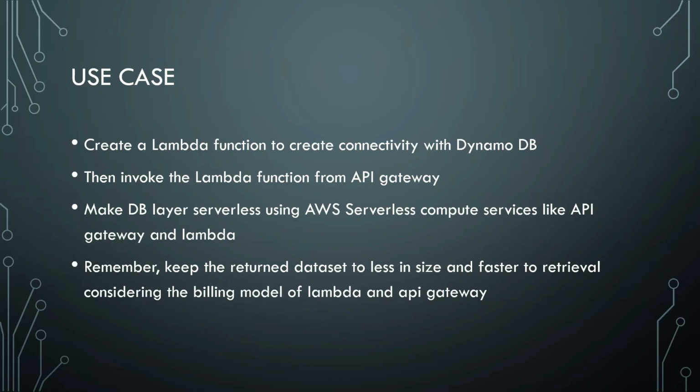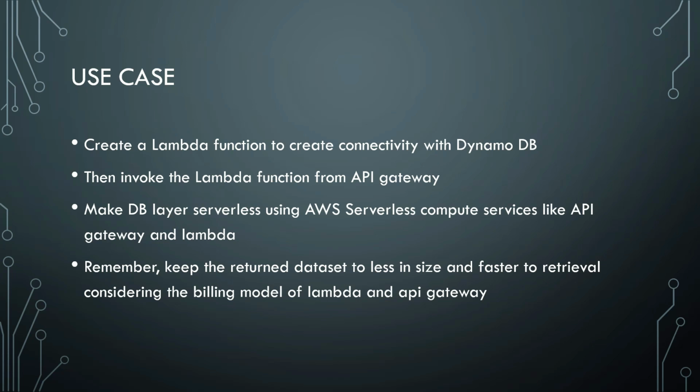So what is a good use case where this usage will help us? For example, you want to create a Lambda function to connect with DynamoDB, and then invoke that Lambda function from API Gateway so that you can make your DB layer serverless using AWS serverless compute services like API Gateway and Lambda.